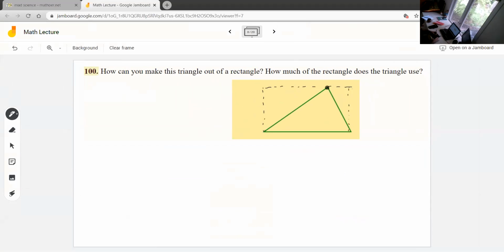Instead, there's some arbitrary place here. It's still true that our triangle is in a rectangle. The rectangle has some length and some width, and because it's a triangle, we're going to rename these as base and height.